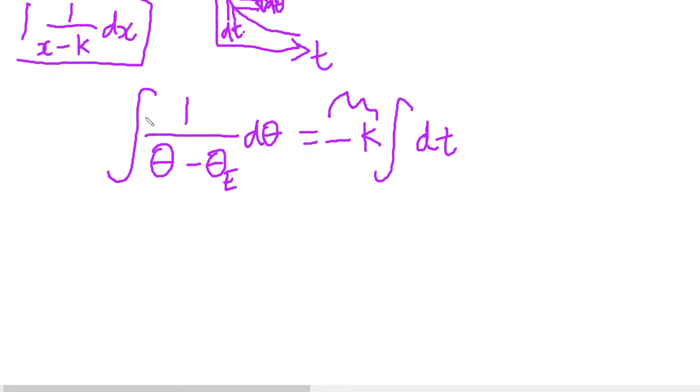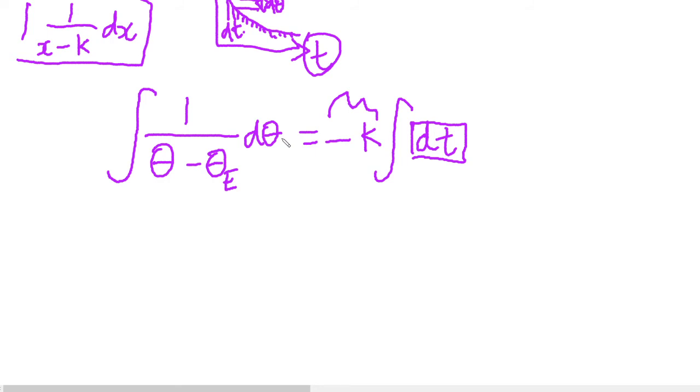We get the integral of 1 over theta minus theta e, where theta is our actual variable and theta e is a constant, d theta, is equal to minus k times the integral of 1 with respect to time, or the sum of all the tiny time pieces in the graph. So to make the big actual time, we need to sum up all the tiny dt's along the graph.